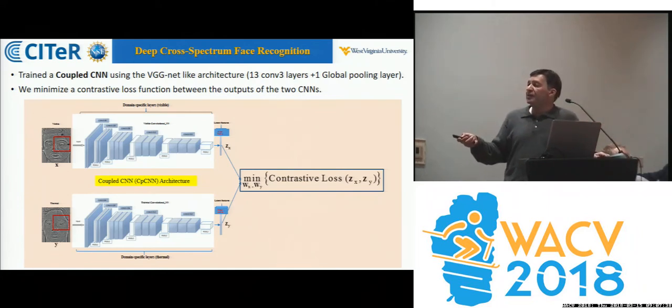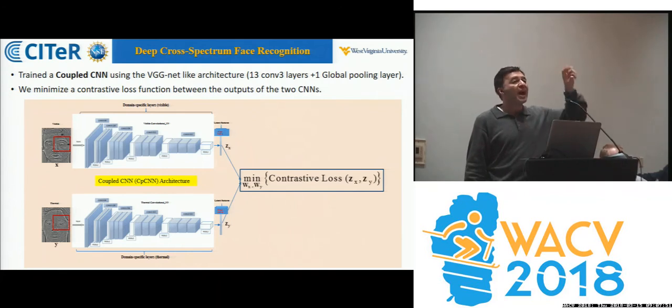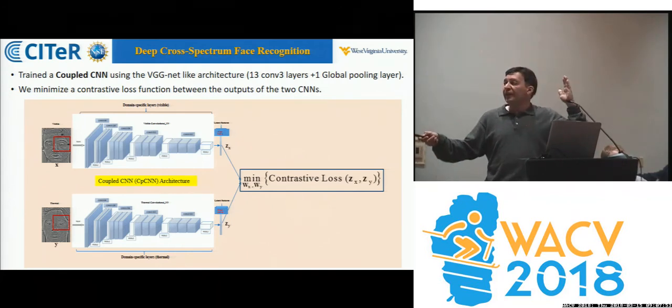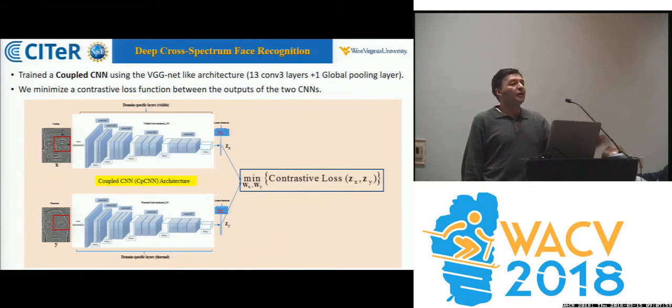So rather than having fully connected layers, we don't have any fully connected layers in this diagram. The only difference is that this pooling is now global pooling. Global pooling means that each feature map you average. So if at the last convolutional layer you have 512 feature maps, you have 512 values when you do global pooling.